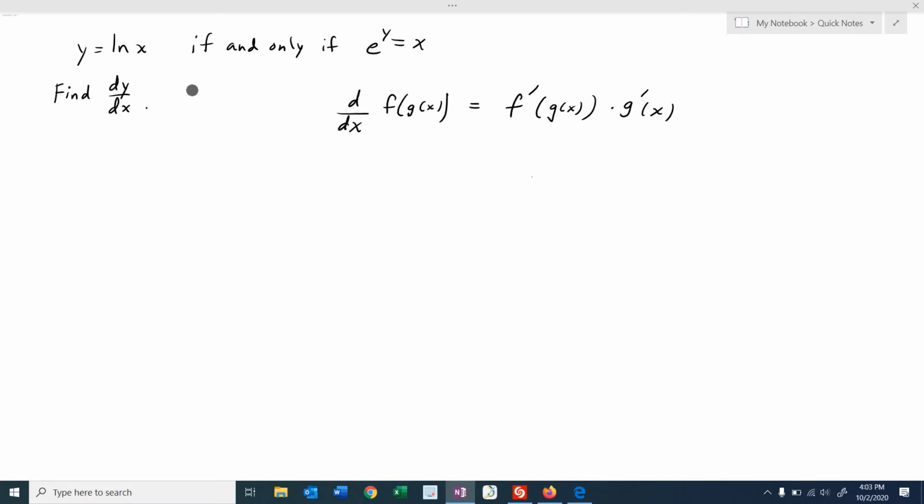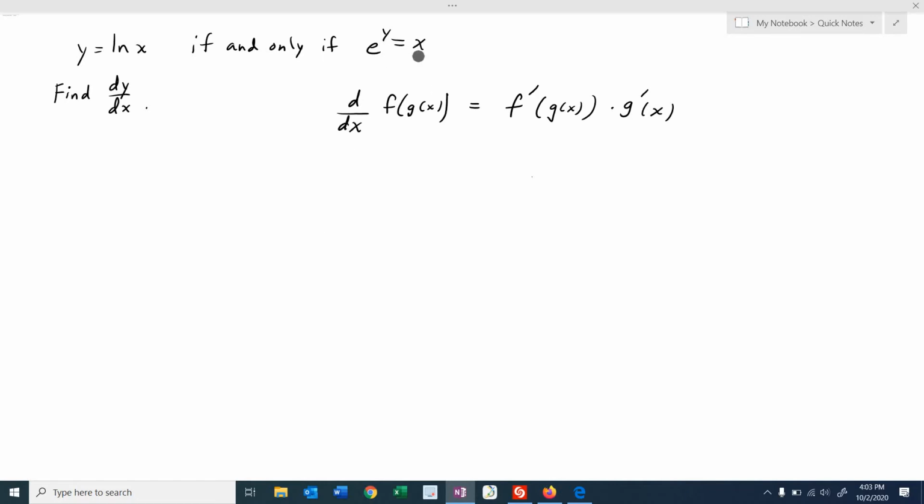The inverse function of ln happens to be the exponential function with the natural base of e, because the base of this logarithm is also e. So natural log of x equals y can be rewritten as e to the y is equal to x. Again, you're just switching the input and the output and changing it to the inverse function.